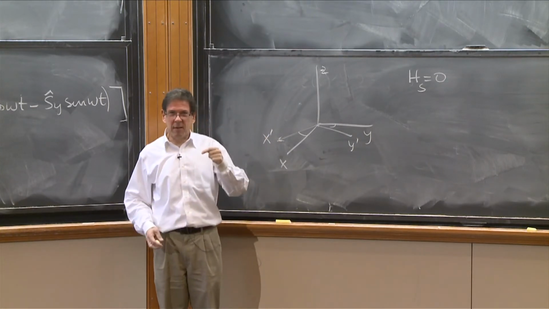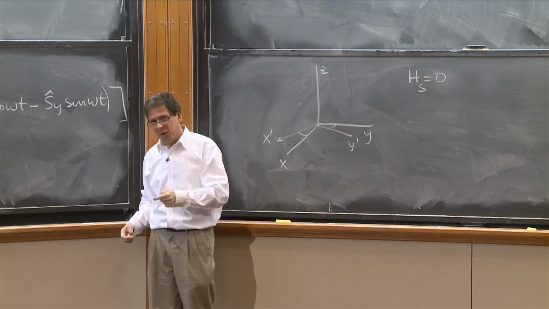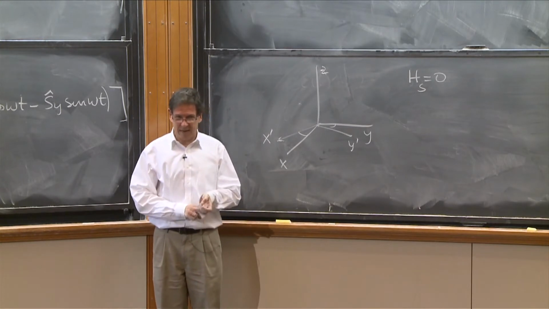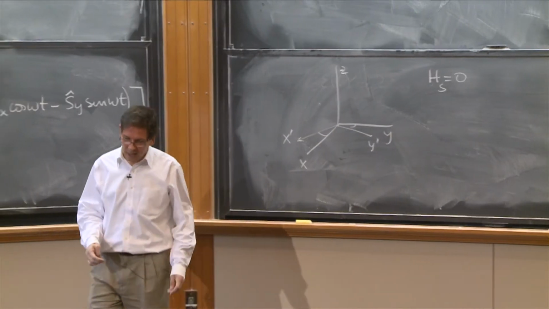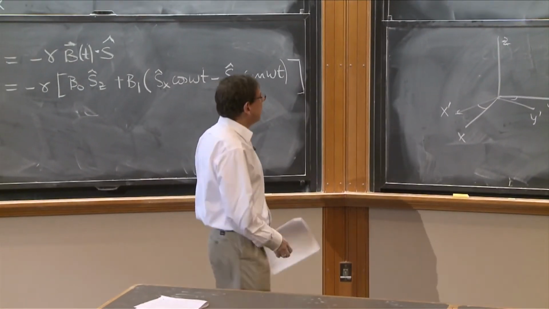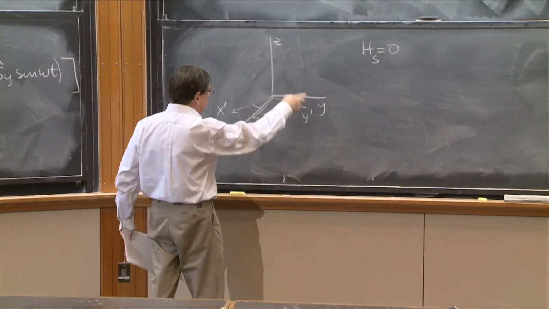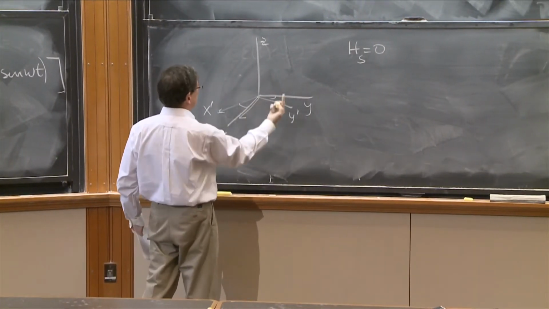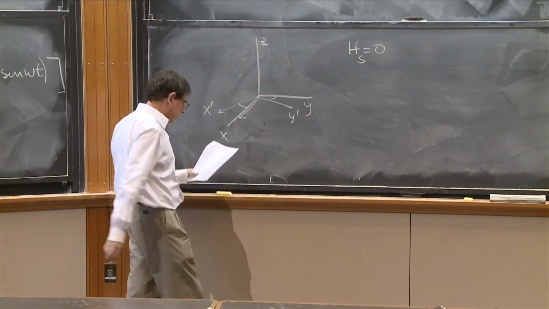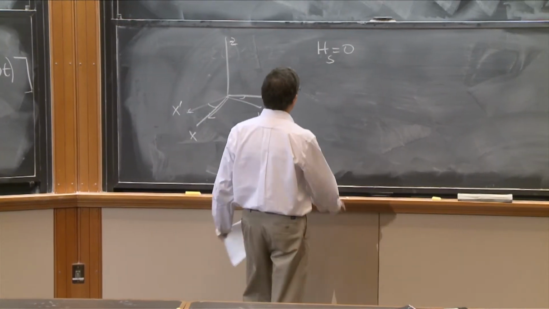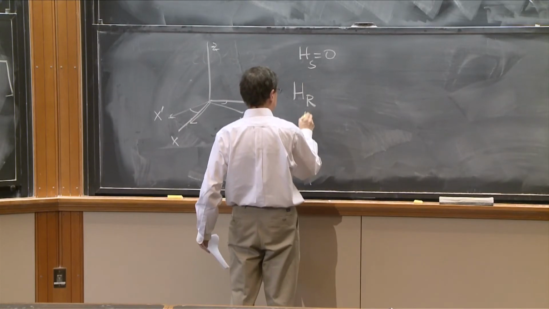Therefore, in the rotating frame, you must have some Hamiltonian, even though there's no Hamiltonian in the static frame, because in the rotating frame, you see things spinning. So in the rotating frame, if there's a static spin along the x direction, you now see it spinning around the z-axis with frequency omega, in fact, going in the plus z direction. So in the rotating frame, you can ask, what is the new Hamiltonian in the rotating frame?